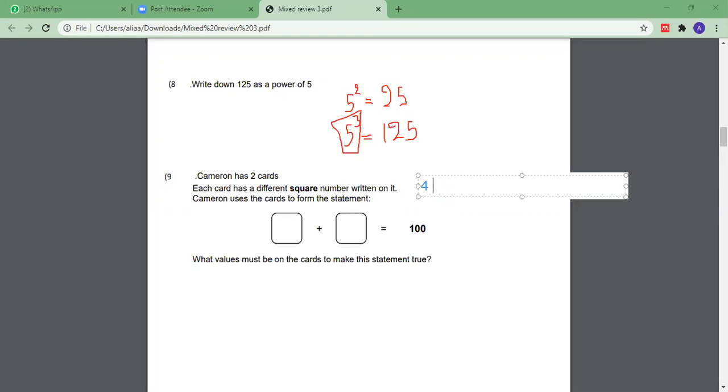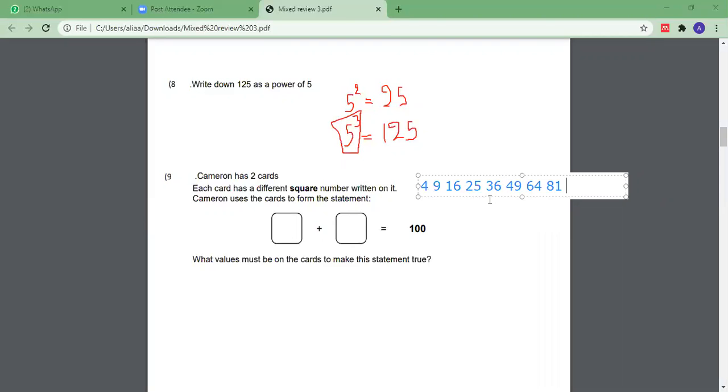I have 4, 9, 16, 25, 36, 49, 64, 81. Can I take any 2 numbers of these? Their sum will be 100.